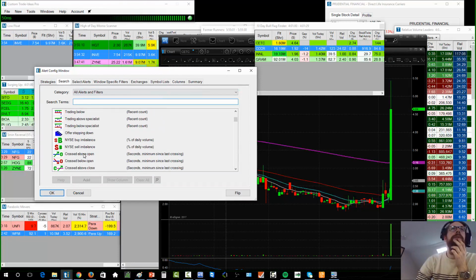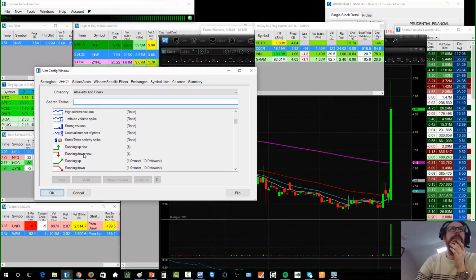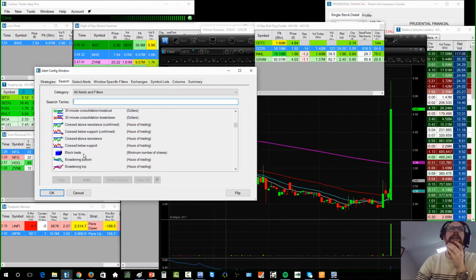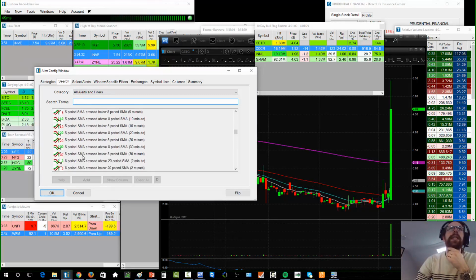Although I wonder if there's a better alert that we could use. Let's see. Channel breakout? Well, that'll only tell us once the breakout starts. Opening range breakouts aren't going to help us.